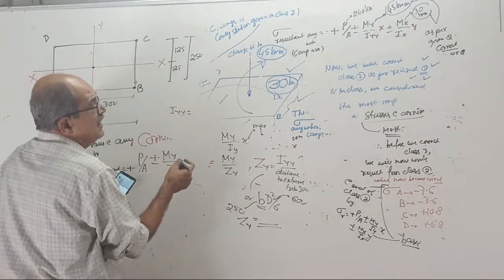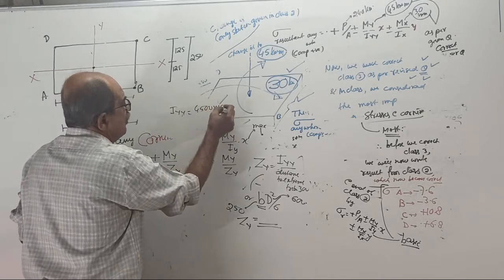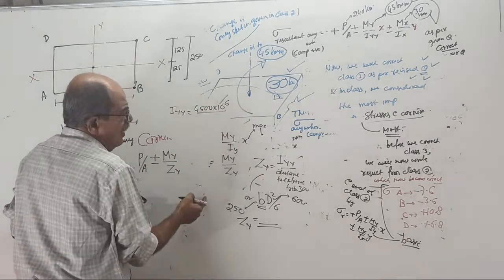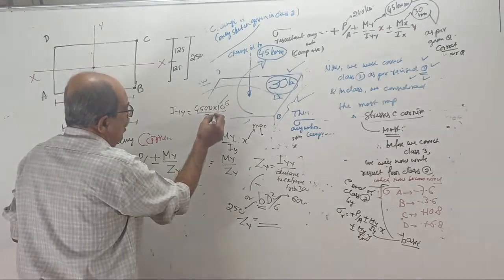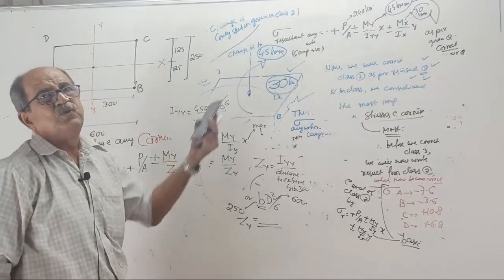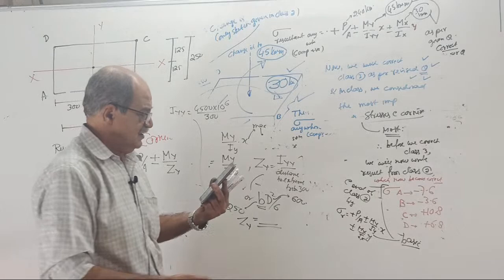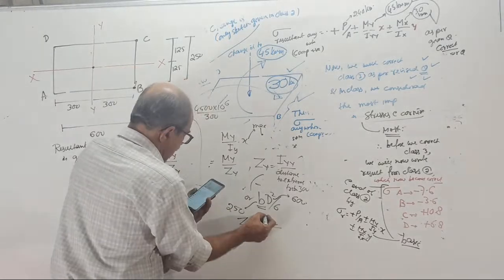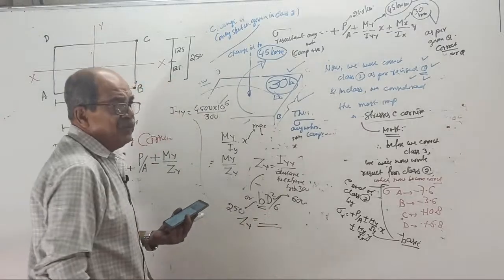IYY is 4,500 into 10 to the power 6 divided by Y max, about 300. Or you can use directly BD cube by 12 divided by D by 2, which is BD square by 6. Don't give a wrong answer now.